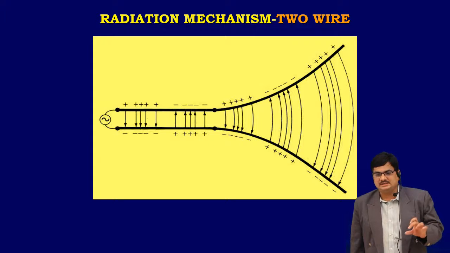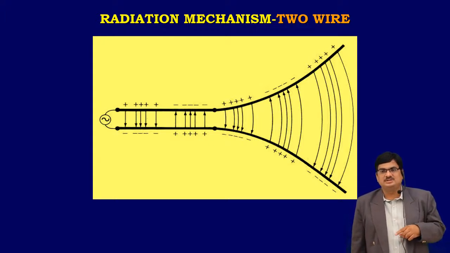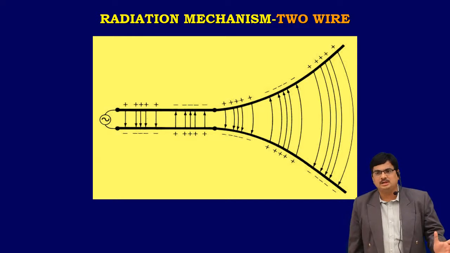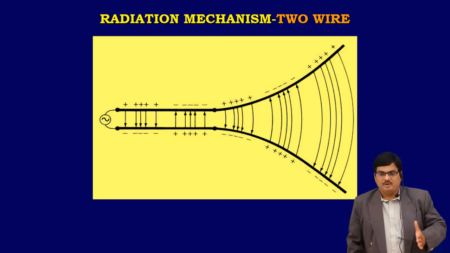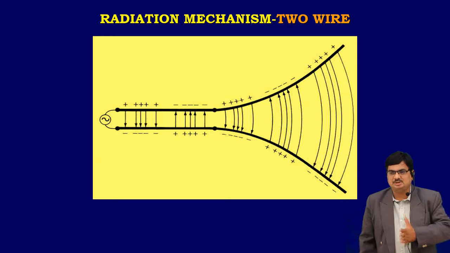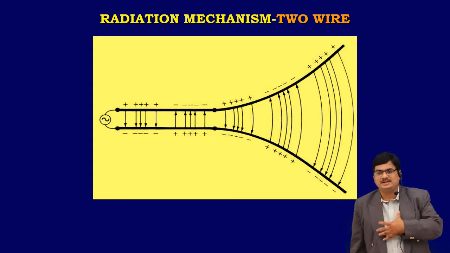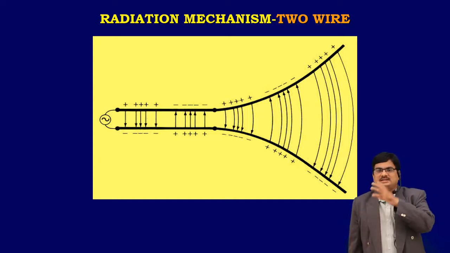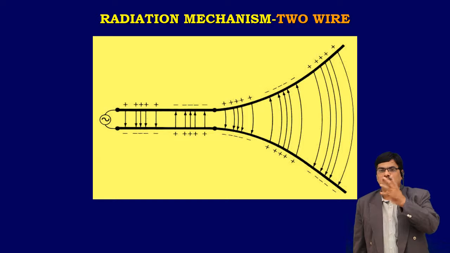After that it reaches the transition area, which is our antenna area. From there they travel into free space, and once they reach the open aperture area, the charges are separated from that antenna and they form their magnetic loops.